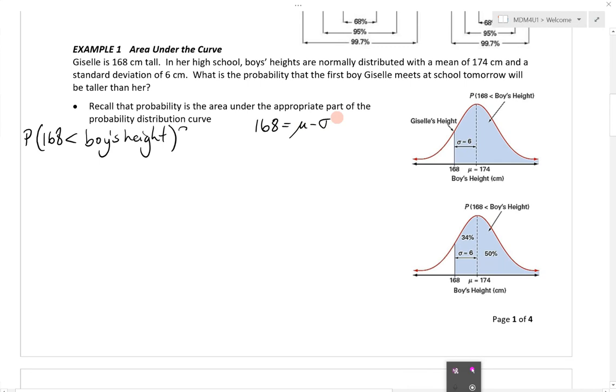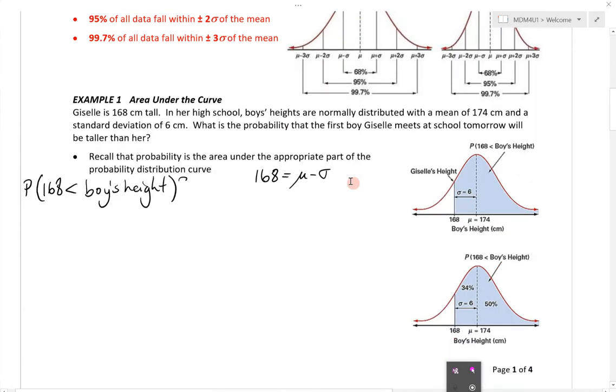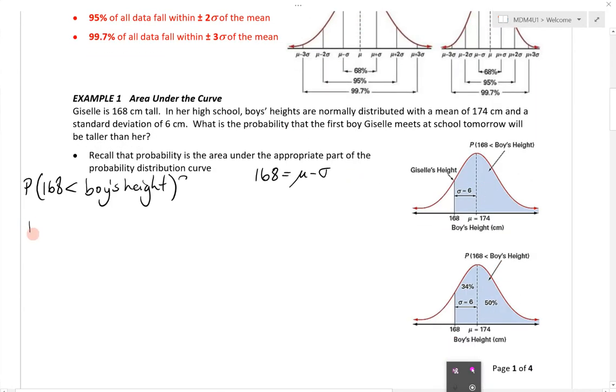We also know that 68% of all your data falls within 1 sigma of the mean value. So the probability of the boy's height, x, being between 1 sigma below the mean and 1 sigma above the mean is equal to 68%.